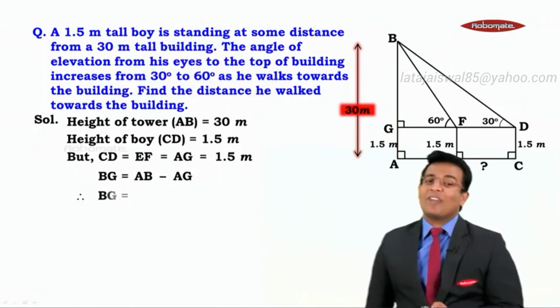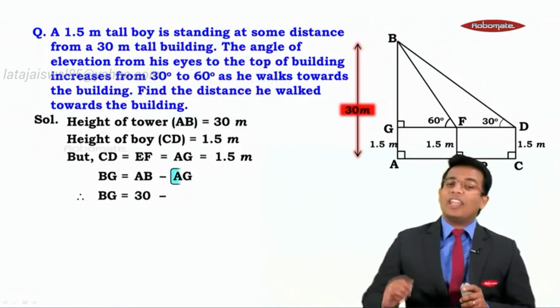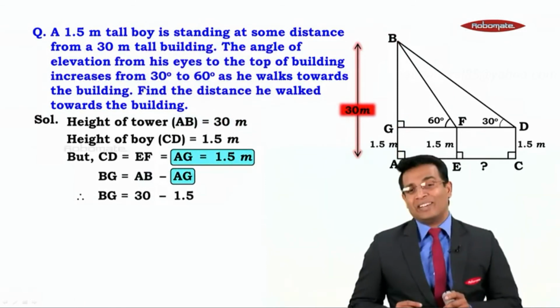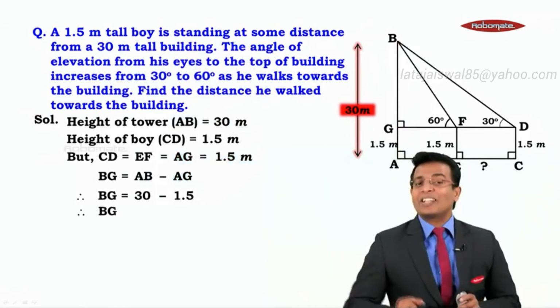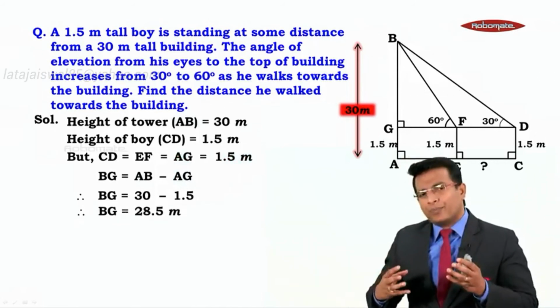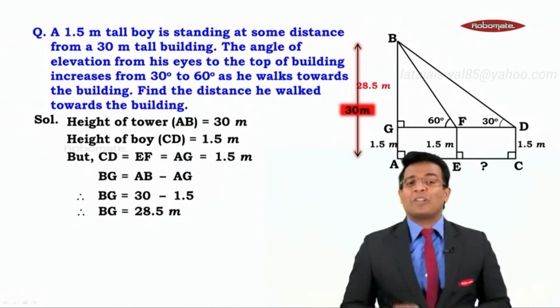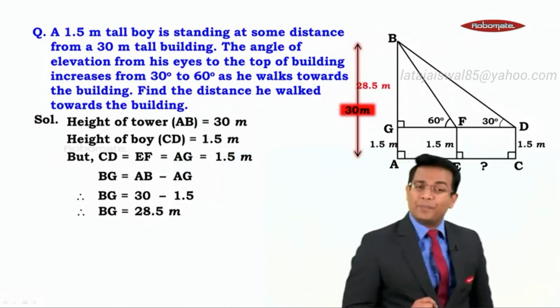So BG is 30 minus 1.5, which is 28.5. So we just listed down a value which we got from the given information: BG.